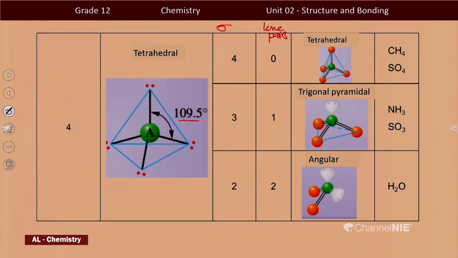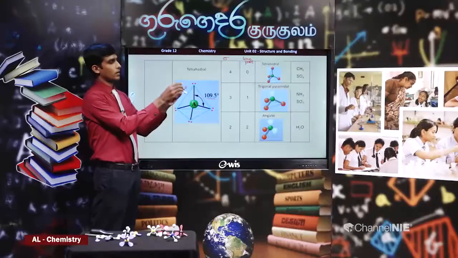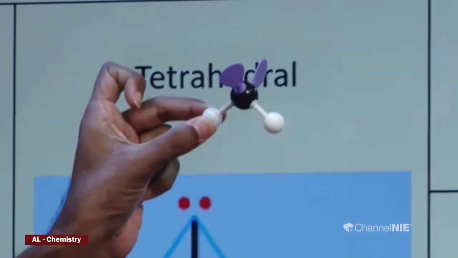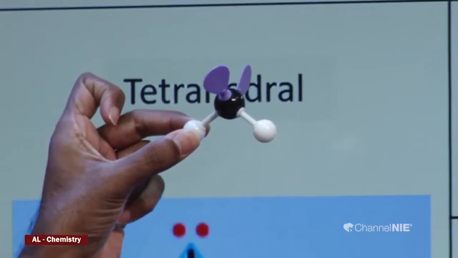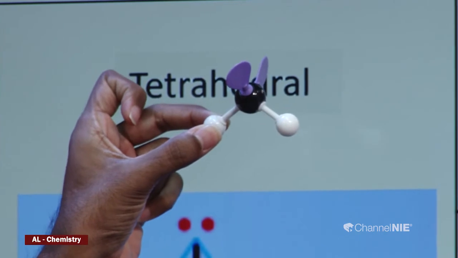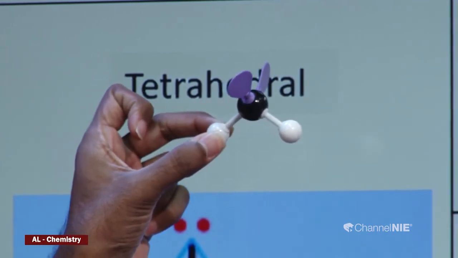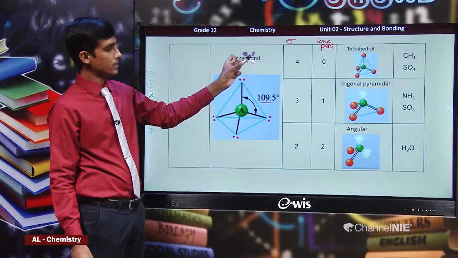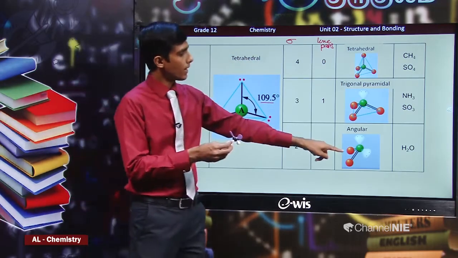When you have 2 lone pairs, the situation is like this. Now what is the shape? The shape is angular, or we can say bent. For example, the water molecule is like this, an angular shape.